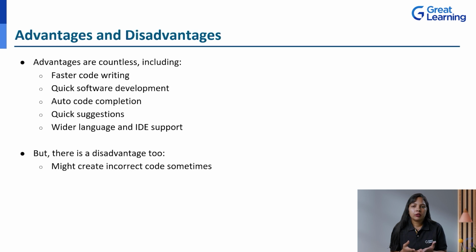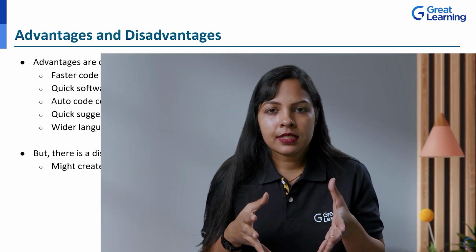Suppose you wanted to create a GUI, as I gave an example right now, and you want 2 text boxes and 2 buttons. It provided the text box, but it didn't provide the label, right? A text box should be associated with a label. What exactly has to be entered into the text box is provided as a label, right? So these kinds of incorrect results might be produced by GitHub Copilot. It's not exactly incorrect, but it's incorrect with reference to what exactly you wanted to write code for, right?